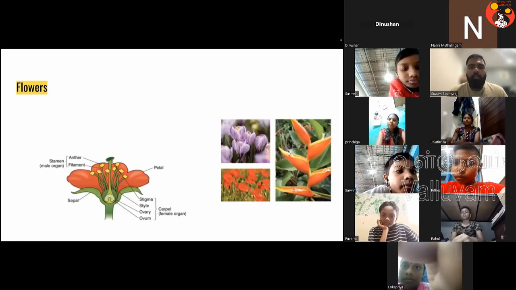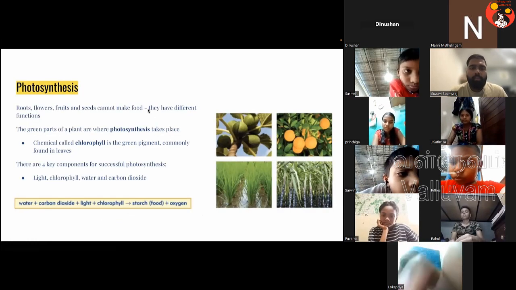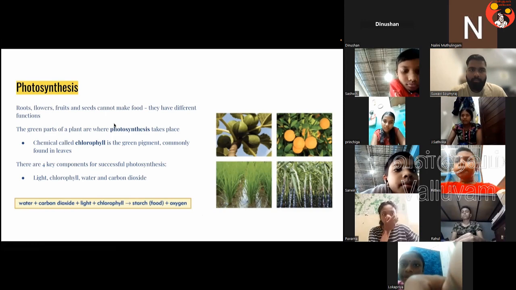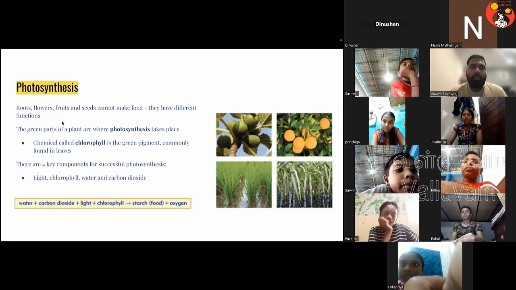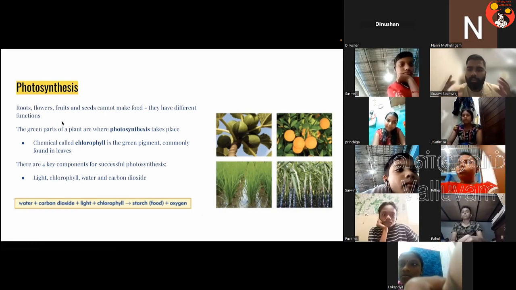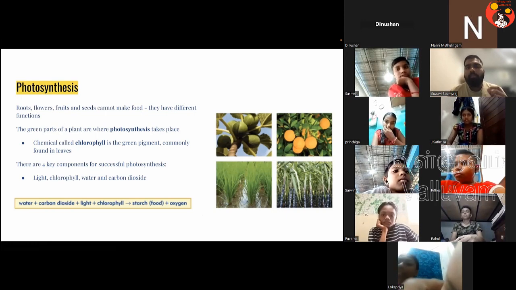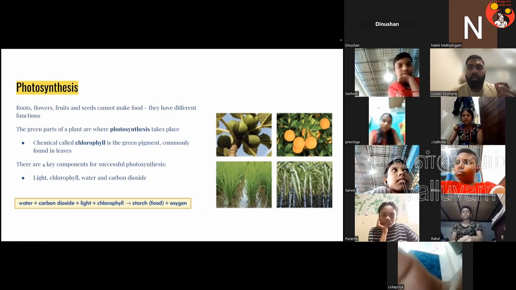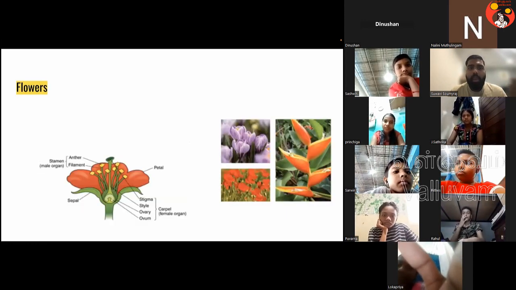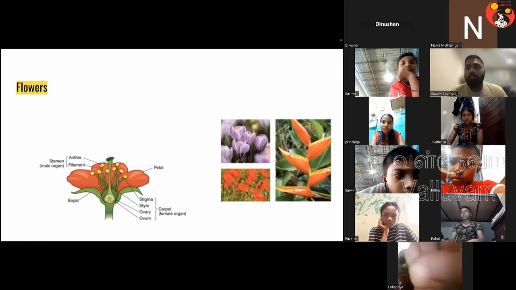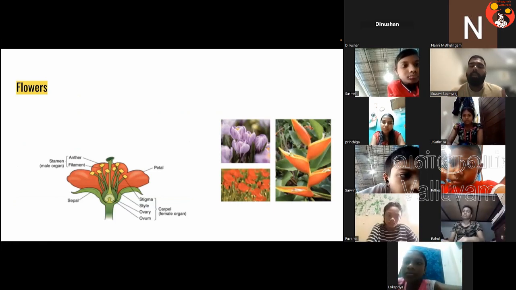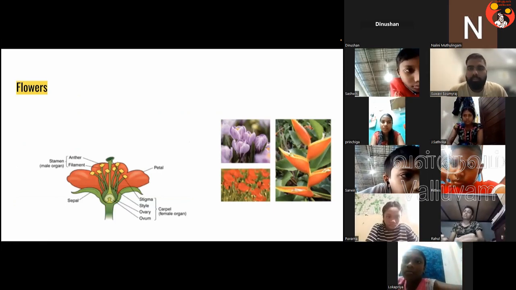Now, we mentioned just over here, there's many different parts of a plant, right? And aside from the leaves and the green areas where photosynthesis is done, the flowers also play a crucial part in the plant's life. Does anyone know what the main role of flowers is?